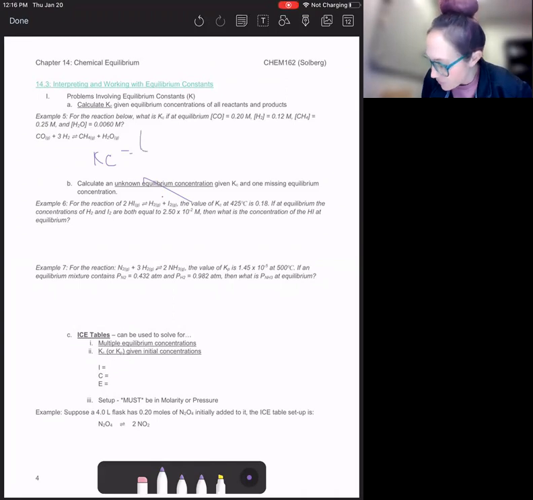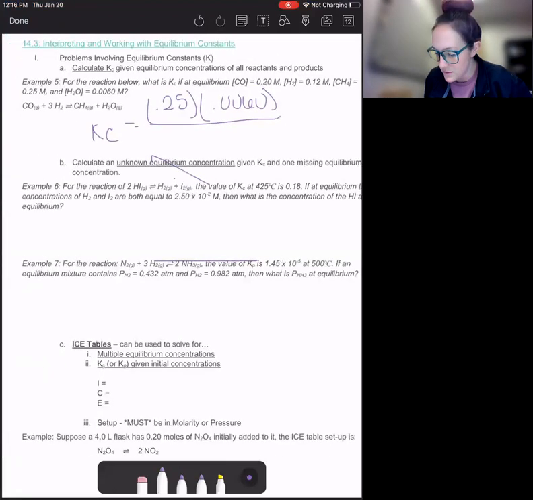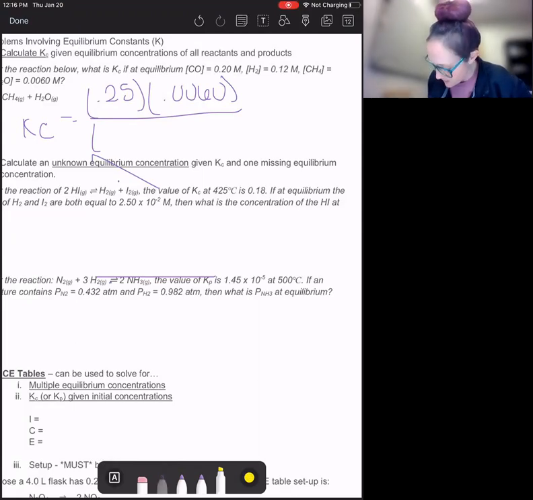So it'd be CH4's concentration, which is 0.25, times water's concentration, which is 0.0060, all over the concentration for carbon monoxide, which is 0.20, times the concentration of H2 cubed, because it had a coefficient of 3.